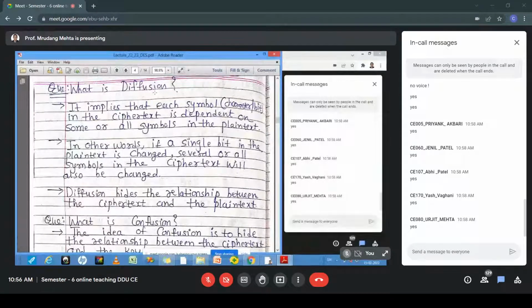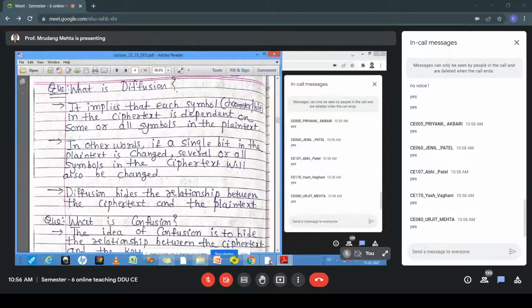There is a separate subject of information theory, and you can measure entropy. There are some topics which might be of your interest, maybe later or if time permits, or you can refer to entropy like you have studied in the context of science. Here also the entropy terminology comes. So this is for your additional information.